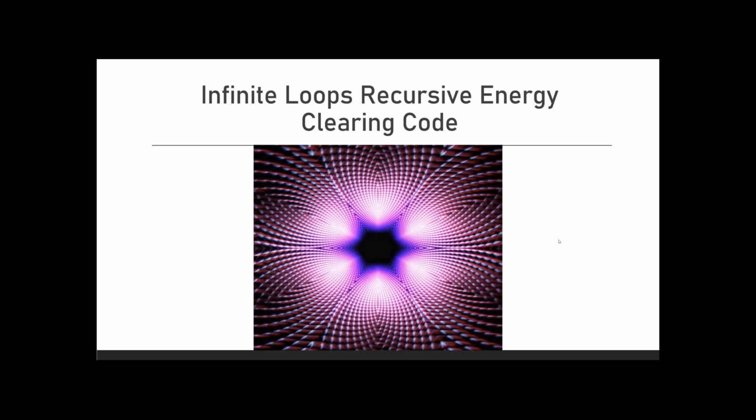So this is for clearing general types of issues. And basically, if you're trying to manifest something and you have an issue, the issue is going to get in the way. So we want to start with a clear slate before we do any type of manifestations.